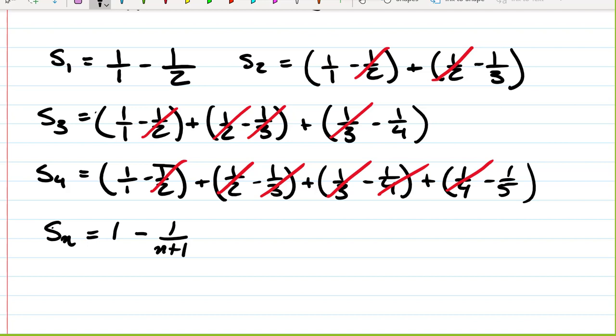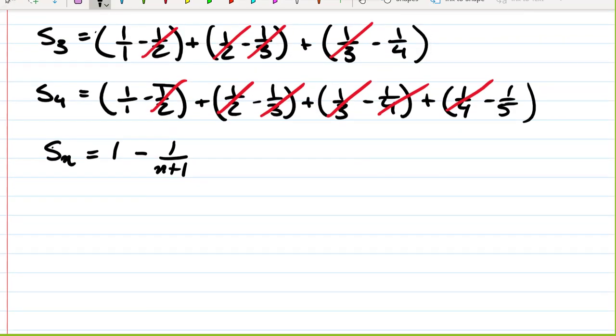And if we check, if I put in 1, I get 1 minus 1/2. Okay, that's the first one. If I put in 2, that's 1 minus 2 plus 1 is 3, a third. That's good. If I put in 3, I get 1 over 3 plus 1 is 4, so minus a fourth. And if I put in 4, 1 over 4 plus 1 is 1/5. So this shows that, after doing our partial fractions, our partial sum is this.